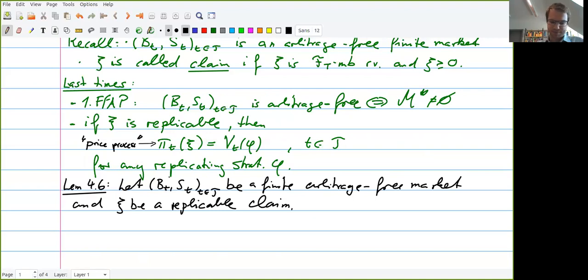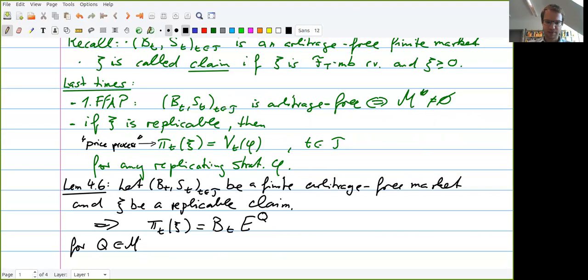Now, I promised you that we can determine the price process of the option psi in terms of the equivalent martingale measures. So let us take, as usual, Q, an equivalent martingale measure.